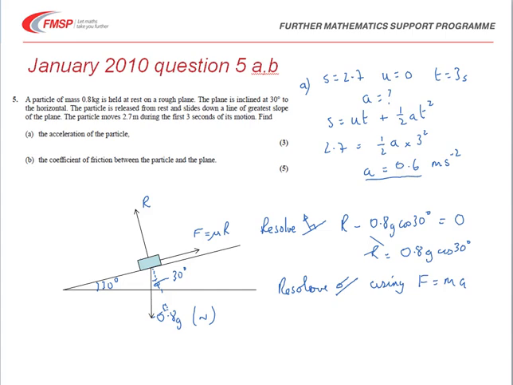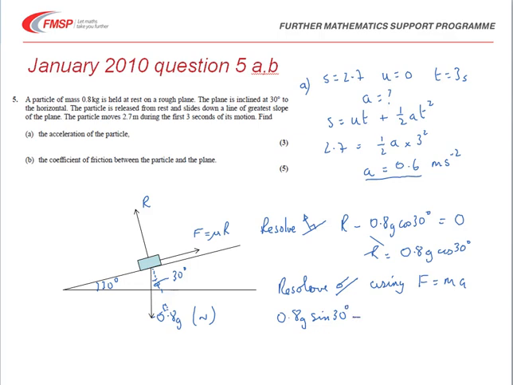So acting down the plane, we've got the weight, or at least the component of the weight, 0.8 g sine 30 degrees this time. That's down the plane.